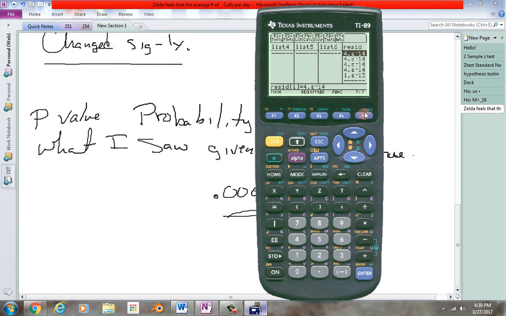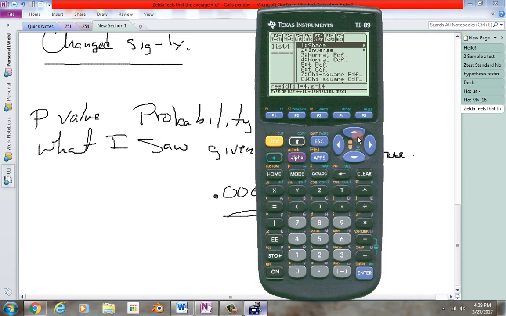So if you take F5 right here, and go to normal CDF, let's put in negative 1E99 for our lower bound, just for fun, and negative 1.96. And of course, we want a standard normal, normal 0, 1.